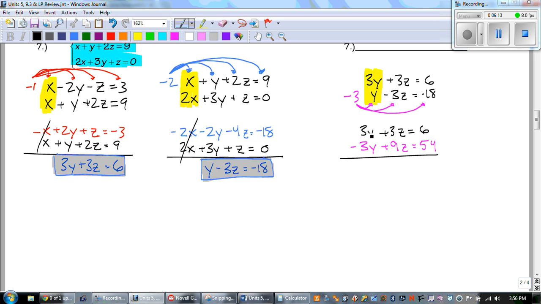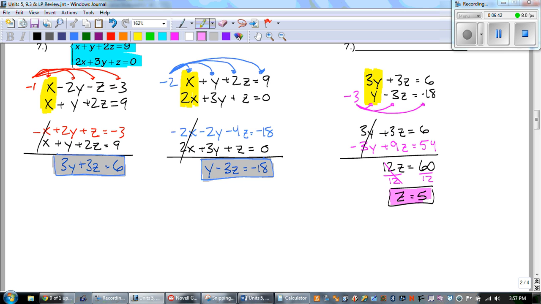Now, just like I wanted to, my y's cancel. 3 plus 9 gives us 12z equaling 6 plus 54 is 60. And then to get the z all by itself, I'm going to divide by 12. And we get that z equals 5.